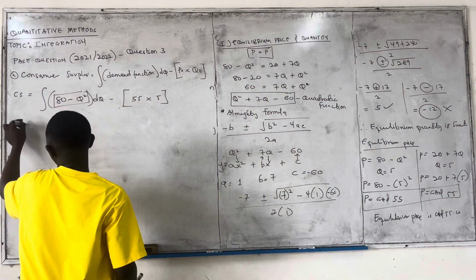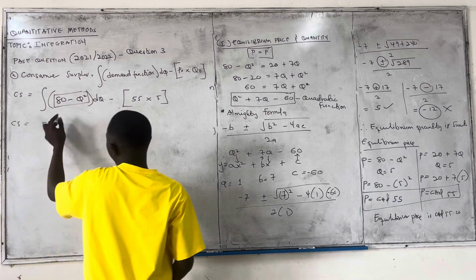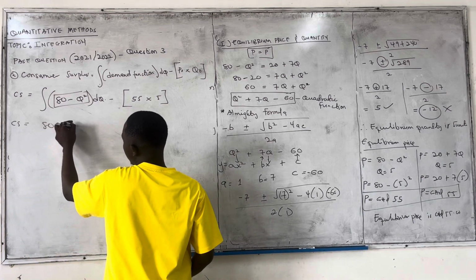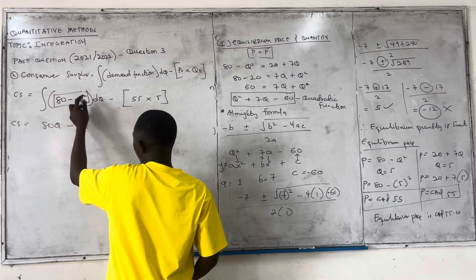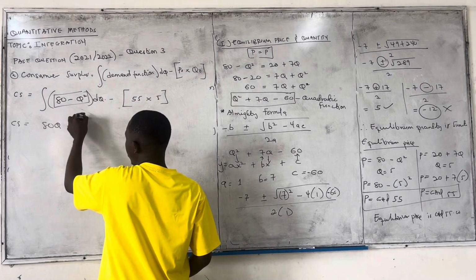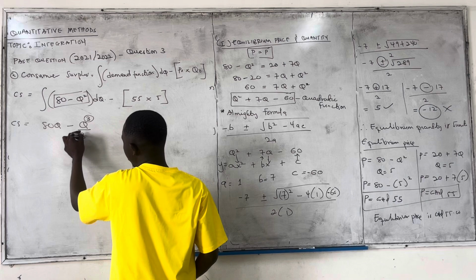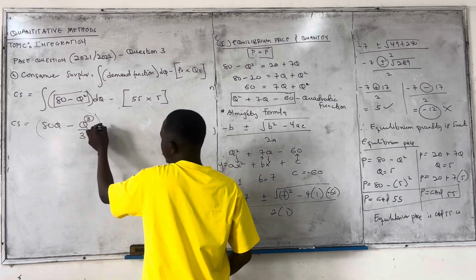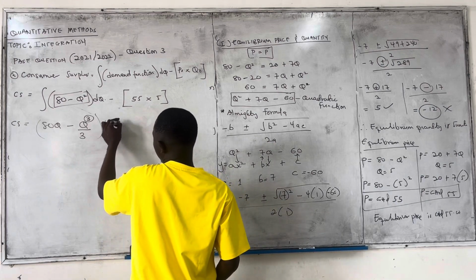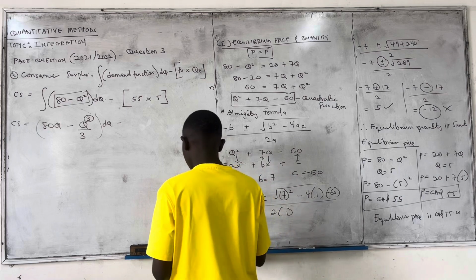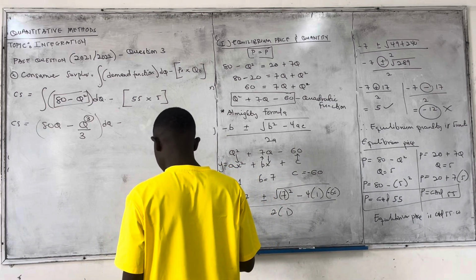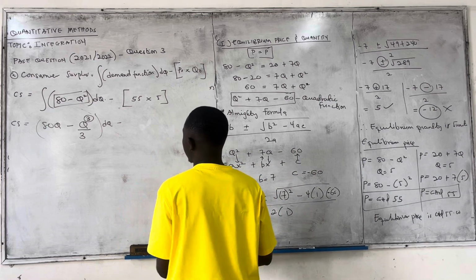So I have consumer surplus. Integrating just a number, we add a variable, so 80Q. We know integration, we add plus 1. This is already 2, plus 1 is 3, divided by the new power, which is 3. Minus 55 times 5 gives us 275.